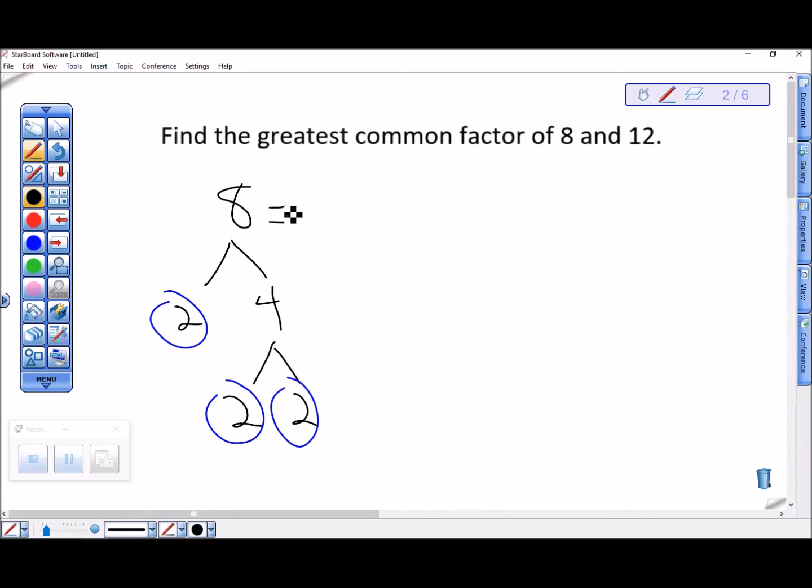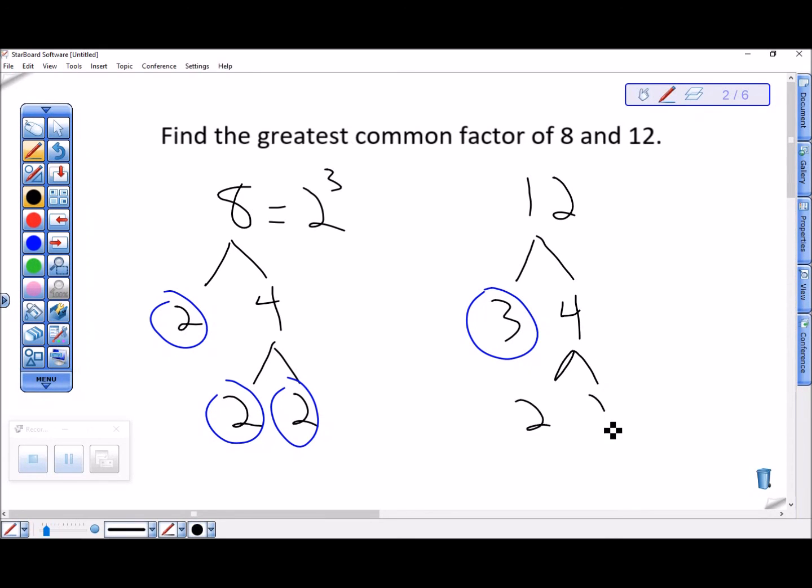So 8 is 2 cubed. Then 12. 12 is, let's say, 3 times 4. 3 is prime. 4 is 2 times 2. So 12 is 2 squared times 3.